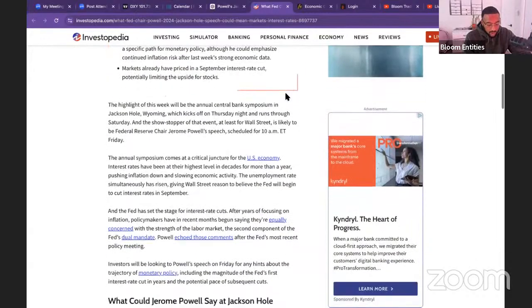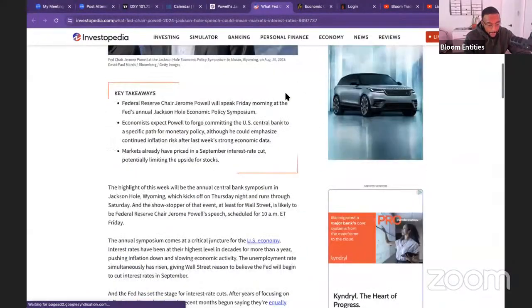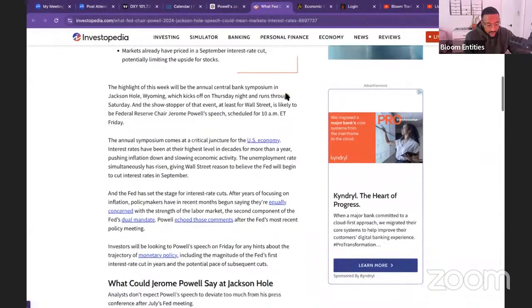So I just expanded one of these articles that ChatGPT gave me. Just reading through this a bit.